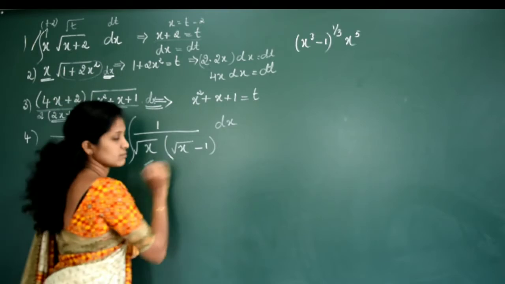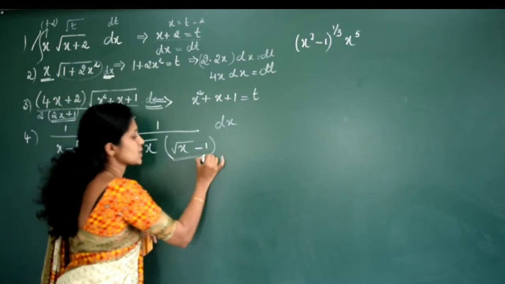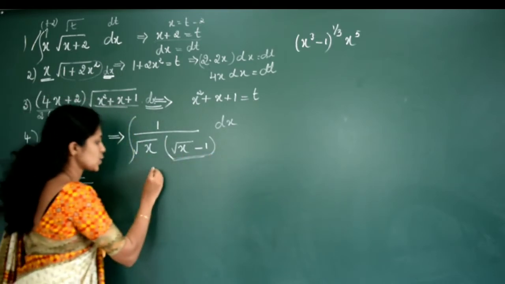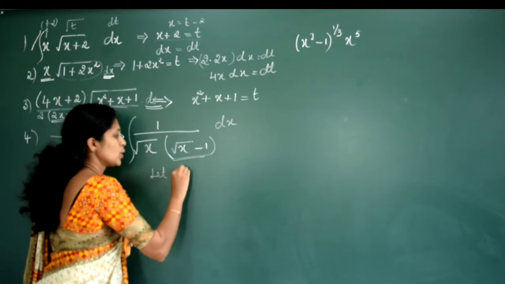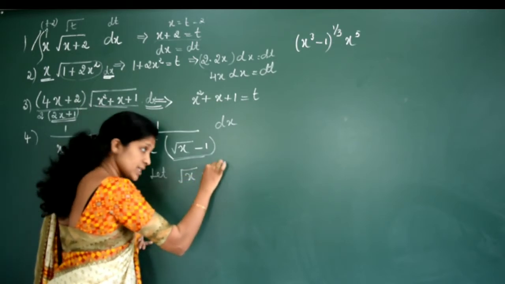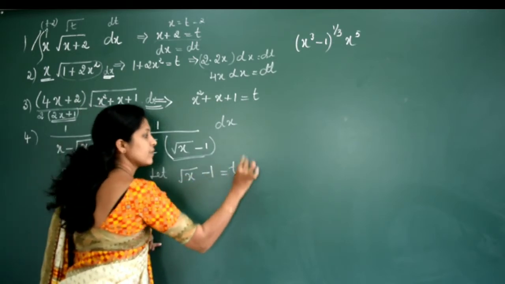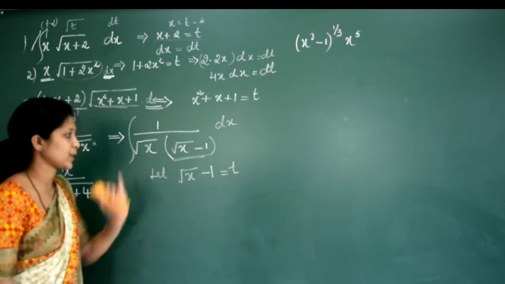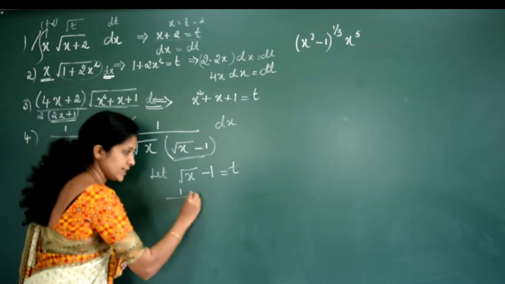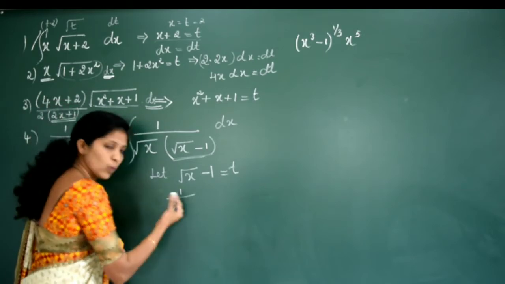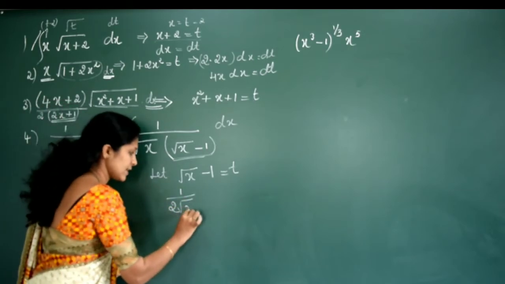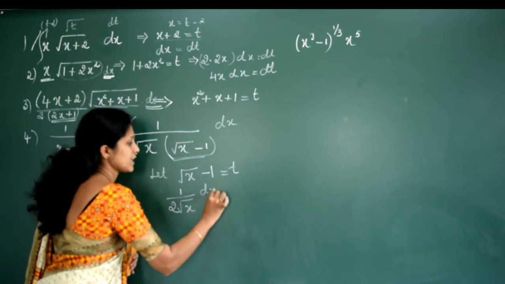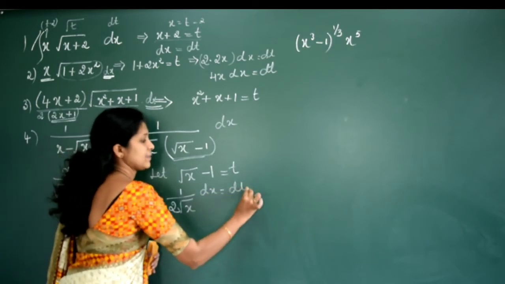Right? Now what substitution do we give for root x minus 1? Let root x minus 1 is equal to t. Then differentiate with respect to t. So this will be 1 by 2 root x into dx is equal to dt, right?